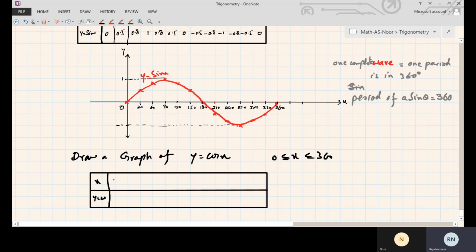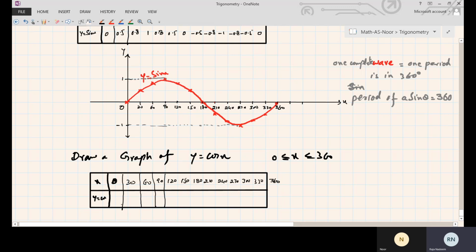So same values will be considered: 0, next is 30, 60, 90, 120, 150, 180, 210, 240, 270, 300, 330, and this is equal to 360.